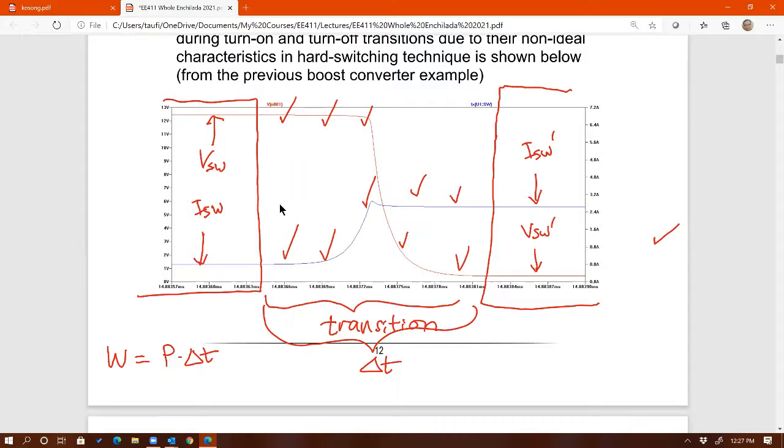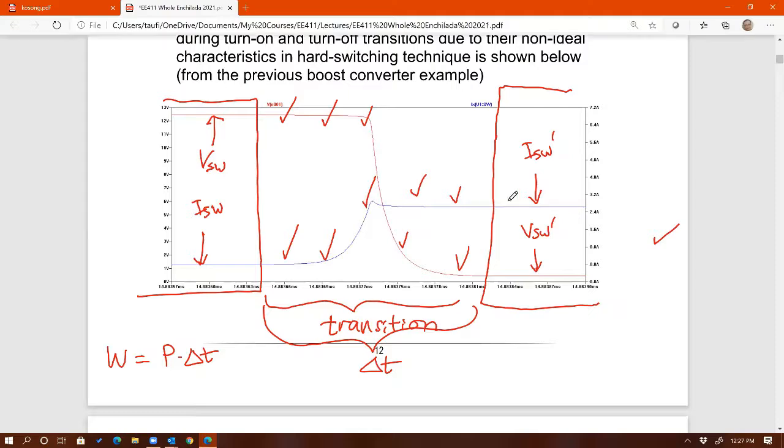So this translates to what we call power loss. And that's the problem that I was referring to. Anytime you have an overlap during the transition time, doesn't matter if it's turning on or off, then we are dealing with what we call switching loss. One from turn on, the other one from turn off.